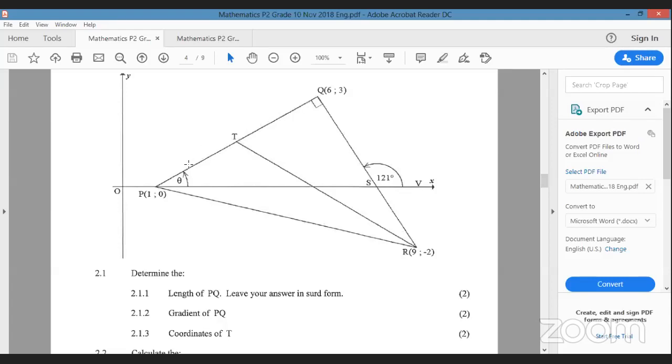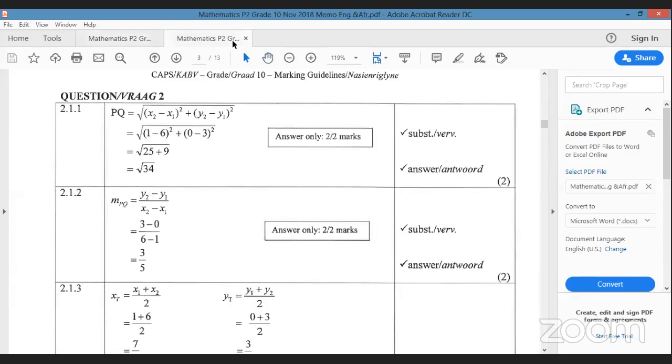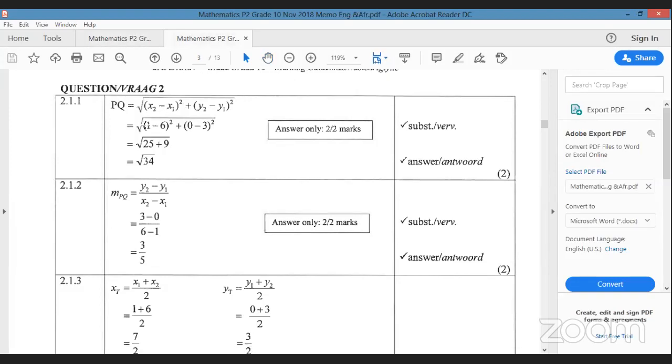So in order for you to calculate the length, you need to know the distance formula. You have to know it by this time, guys. You have to know it from your formula sheet.